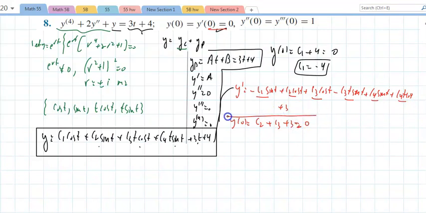So I got this equation. Since c sub 1 is not there, that doesn't help much. Okay, I'm going to take another derivative.